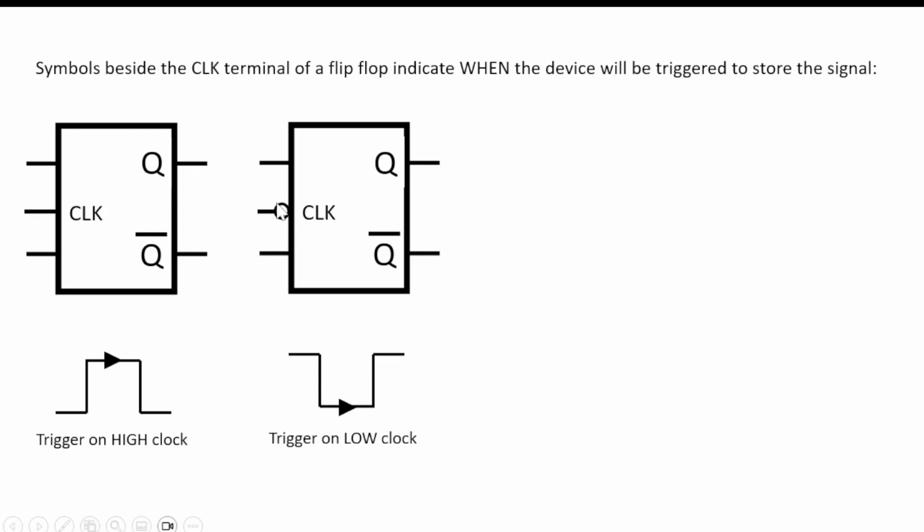If instead we have an inverting circle on the clock terminal, it means that this flip-flop will only save a bit when the clock signal goes low. Now the next two are kind of interesting. They have to do with rising and trailing edge.